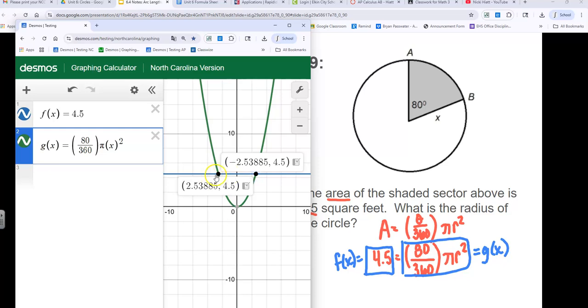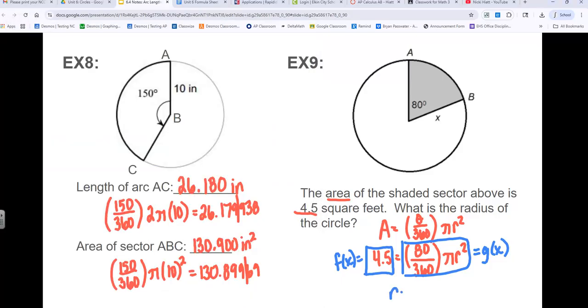However, it doesn't make any sense to have a negative radius. So that negative is not one that we want to use. Here we're getting 2.53885. We're going to round that to 2.539. So our radius is going to be 2.539. In this case, it would be feet there. So whenever you have a backwards problem like this, you want to set it up, and then you can use Desmos to solve it.